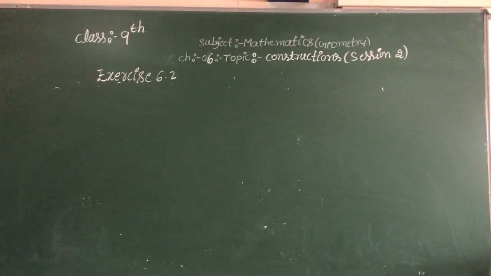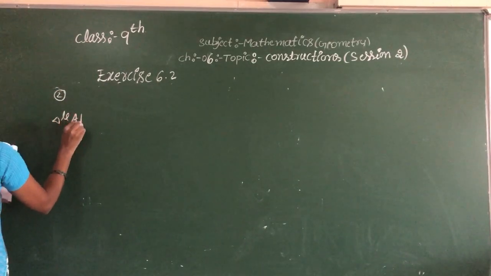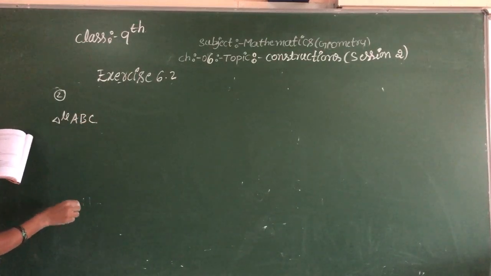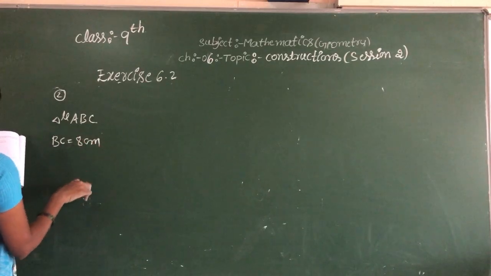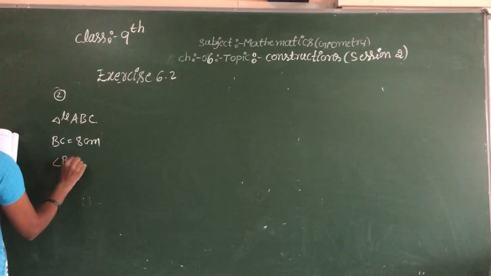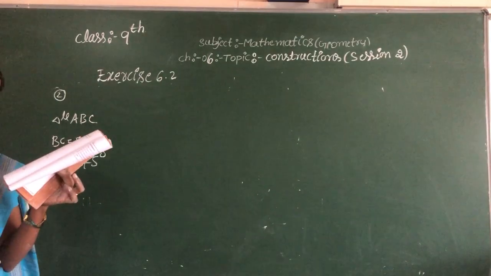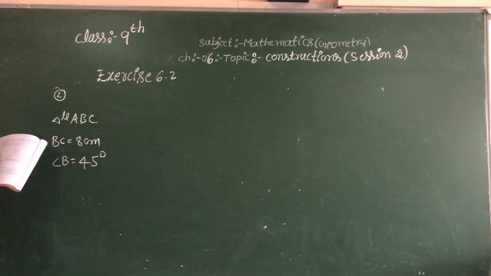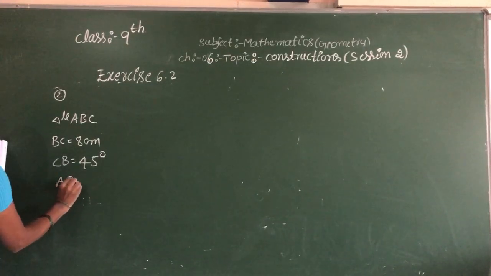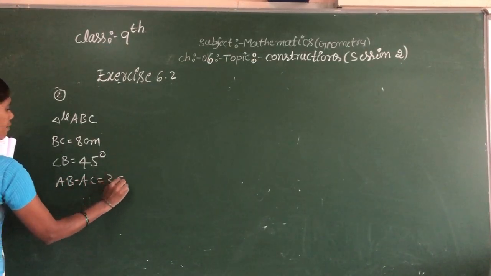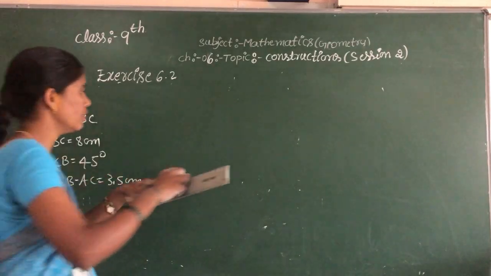Construct a triangle ABC. Okay. BC is equal to 8 centimeter and angle B is equal to 45 degree is nothing but what, children? 45 degree is nothing but acute angle. AB minus AC is equal to 3.5 centimeter. Okay, we should draw 8 centimeter.